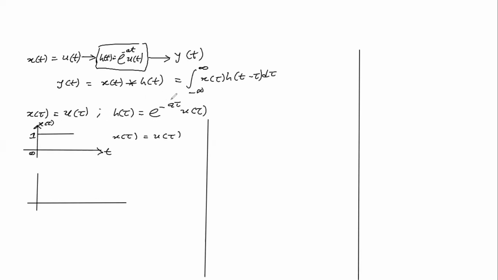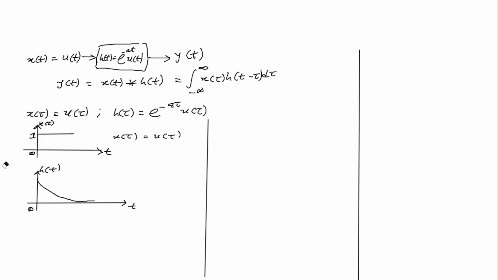So this impulse response will only exist from 0 to some t value in the positive axis. So that h of tau will look something like this, right? The part that grew into this region has been multiplied by the unit step, so it will not exist. It will be equal to 0.